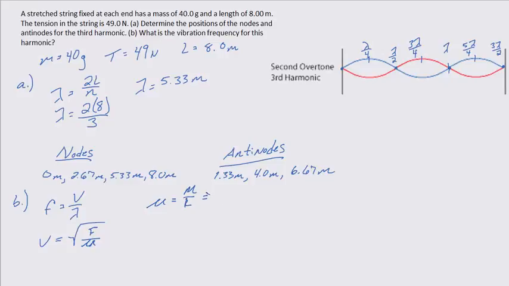And we know that the mass of our string is 40 grams, which we have to convert into kilograms, which is a value of 0.04 kilograms divided by 8 meters, which will give us a value for mu equal to 5.0 times 10 to the negative third kilograms per meter.